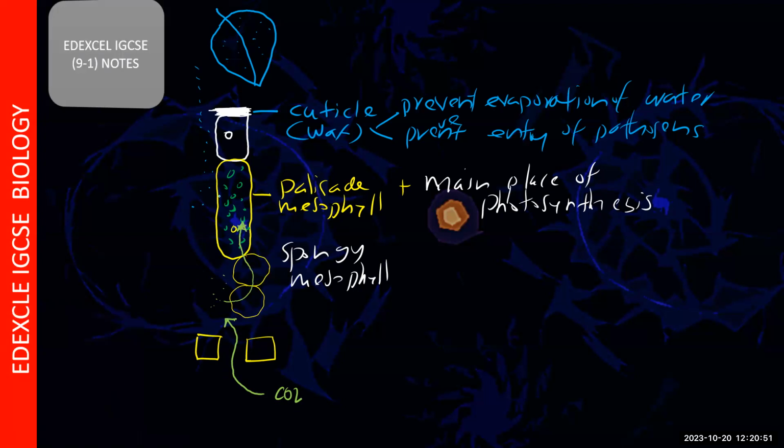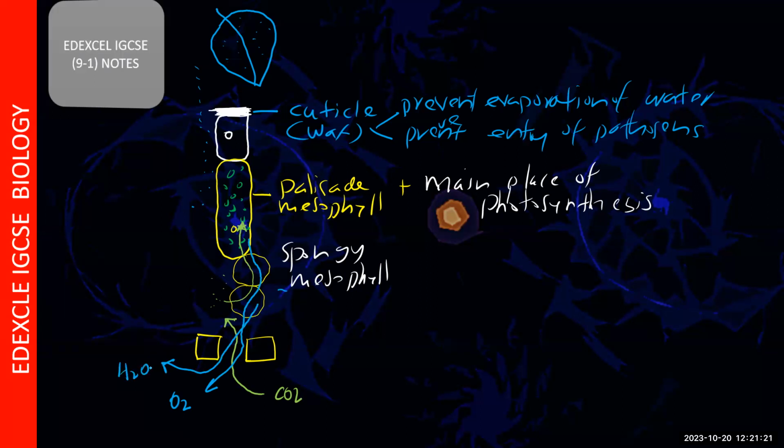And after photosynthesis, oxygen is produced. So oxygen can also leave from this space because of the help of the spongy mesophyll cell. Not only that, water by transpiration is coming from the xylem, and then finally it goes to the spongy mesophyll cell. From the spongy mesophyll cell, water can evaporate.